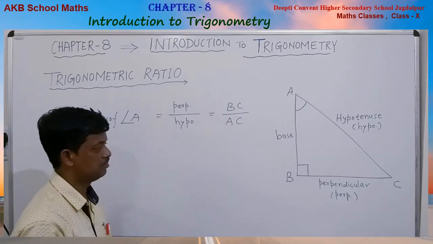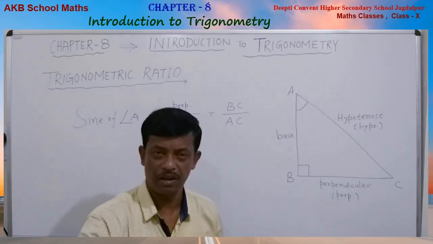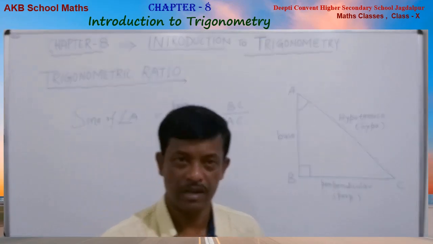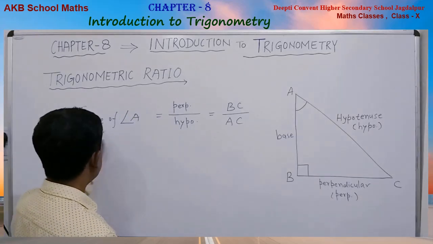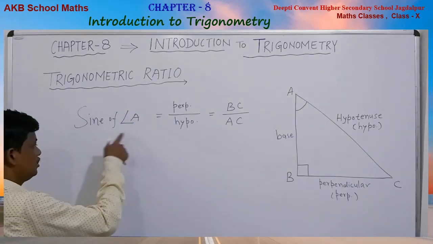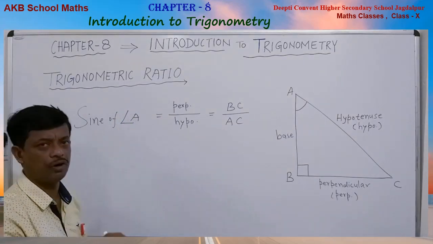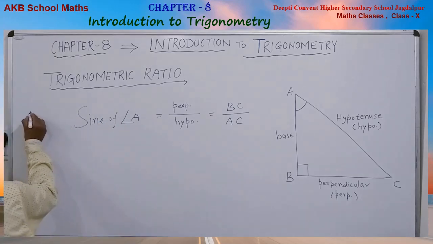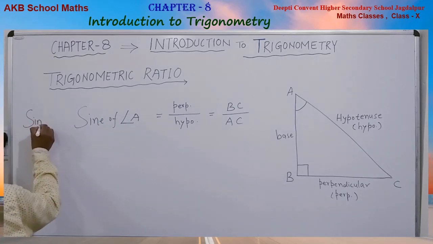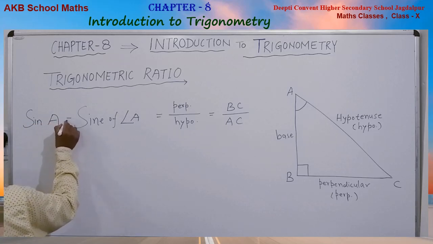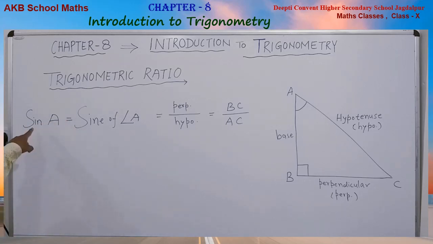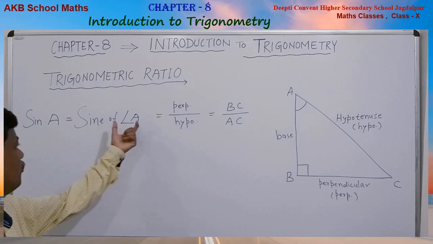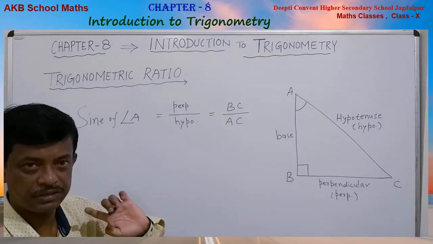This is a ratio: some value upon some value, that is a real number. So ratios are real numbers. Sine of A is denoted in short form as sin A. Sin A equals this, that means sine of angle A equals BC upon AC.